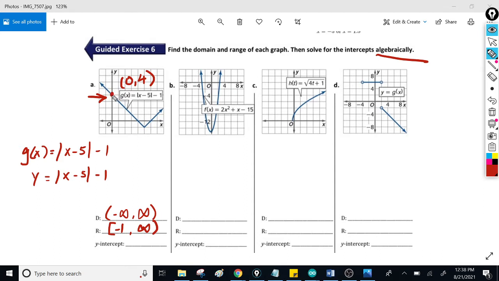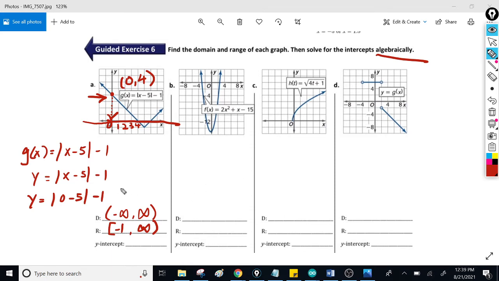On the y-intercept, the x value is 0. You look at the x-axis right here: you got 0, you got 1, 2, 3, 4, and so on. So when the line crosses the y-axis, you are looking at the x value as 0. That means you have to put x as 0.